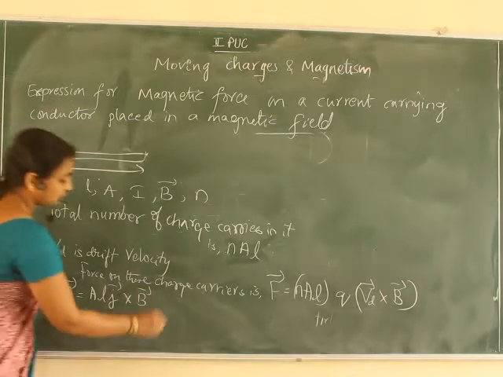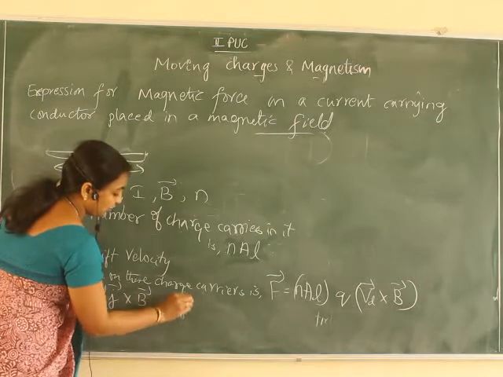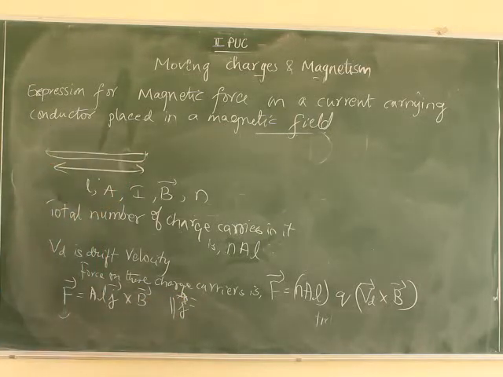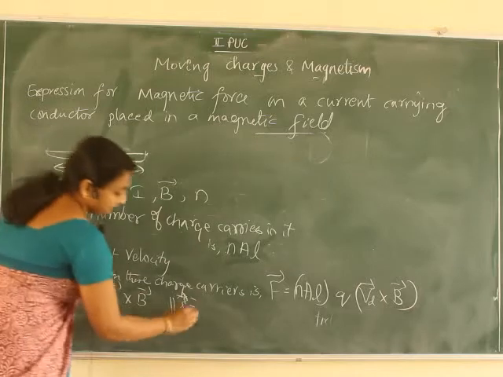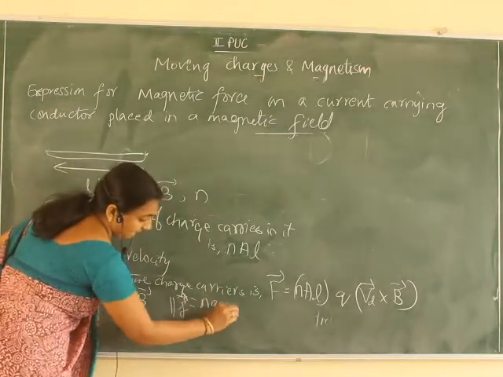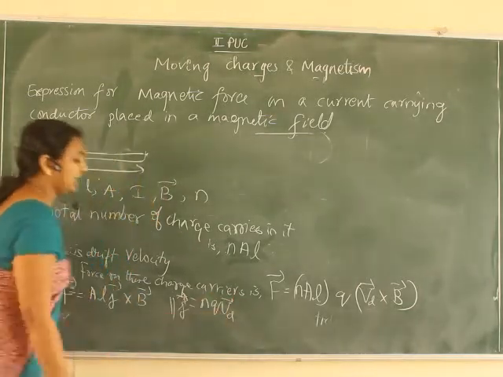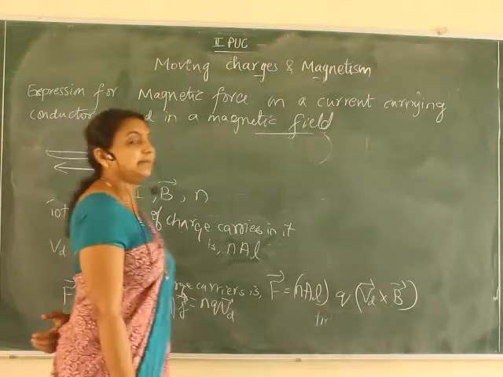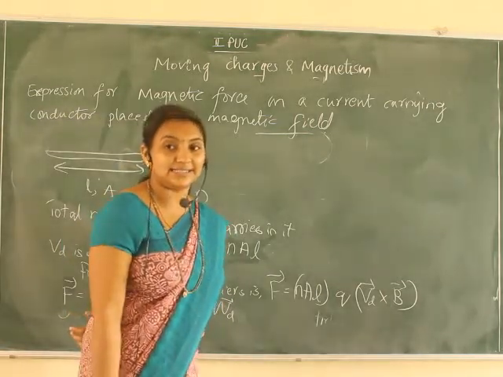What is J vector? J vector is equal to N Q Vd. NQVd is nothing but J vector. What is J vector? It is nothing but current density.